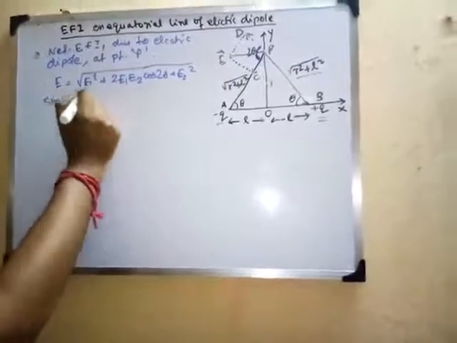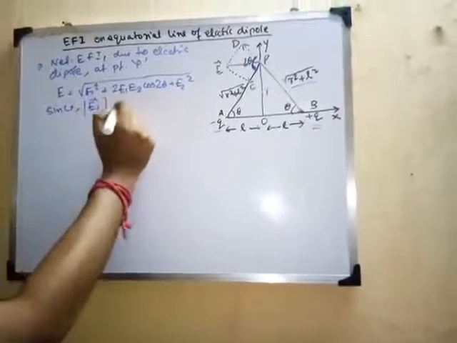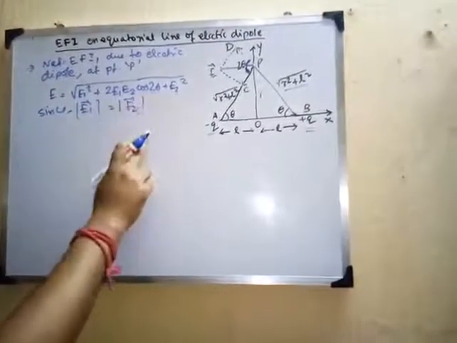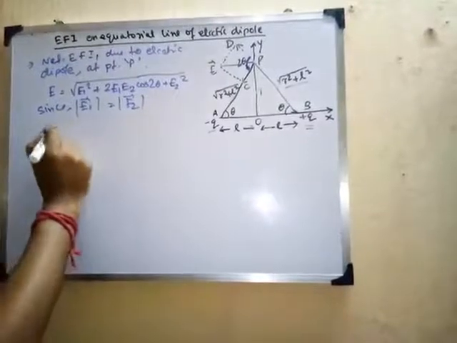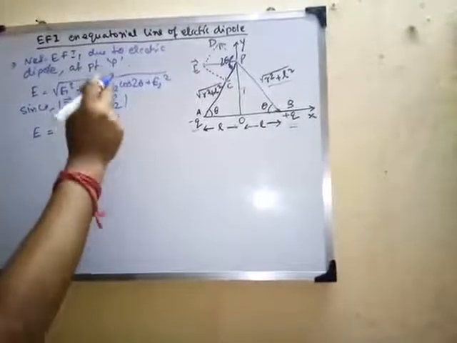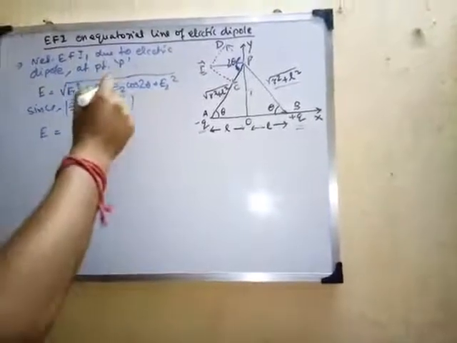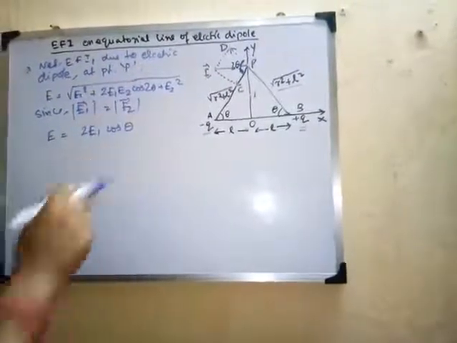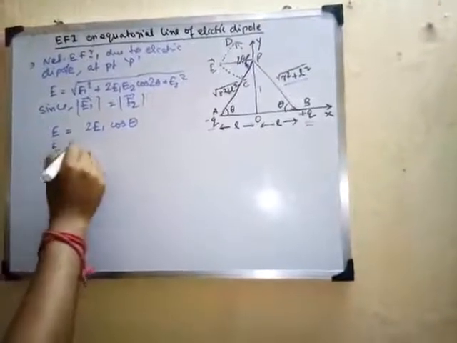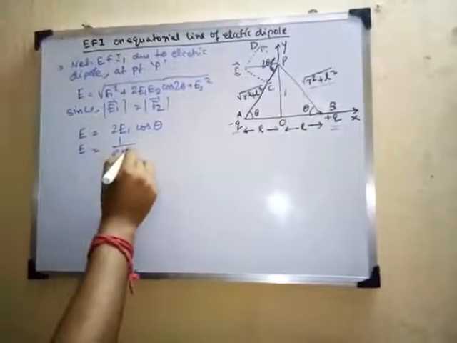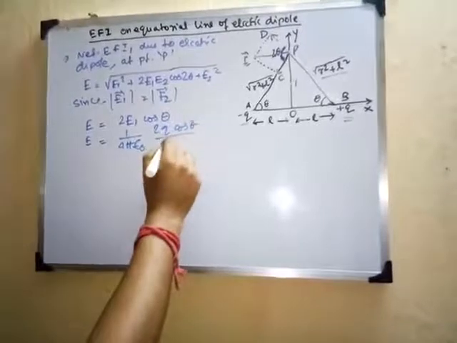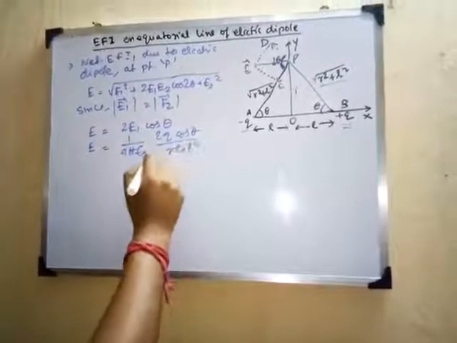Since E1 and E2 are the same, E will finally come as 2E1 cos theta. You simply put this in and calculate, and finally you obtain 2E1 cos theta. So E will be equal to 1 by 4 pi epsilon naught 2q cos theta by R square plus L square, right?